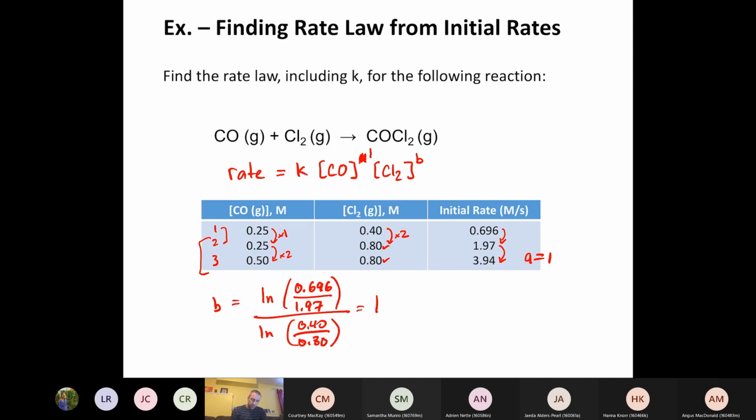And this turns out to give us the number 1.5, which, good thing we use the equation because that's a weird number, right? Normally it's 1, 2, or 0, but if it's some other number like this, the equation helps us get there very quickly. So what that means is that our rate is going to be equal to K times CO, and because the exponent's 1, we don't write it in, Cl2 to the 1.5. So what's the order of this reaction?